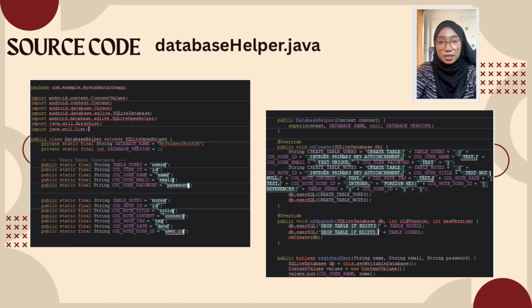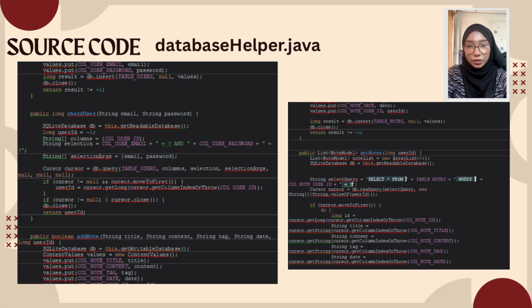As you can see on the screen, this code handles the creation of our database tables, including tables for both user login information and the notes content itself. It also contains the logic for fundamental database operations like creating, reading, updating, and deleting notes. This class ensures that all the user's notes and details are stored securely and reliably.